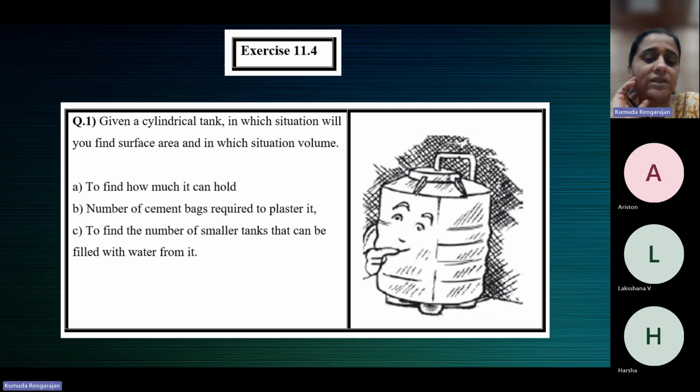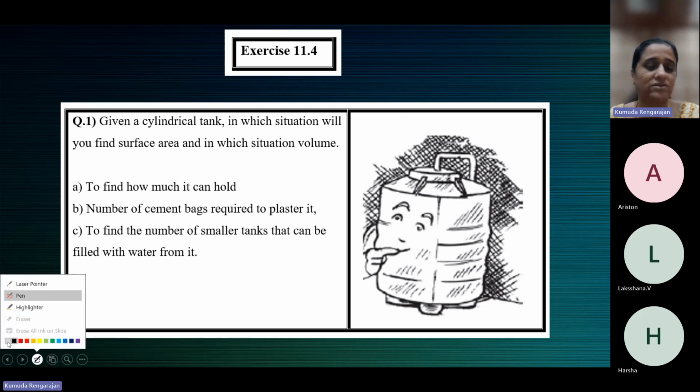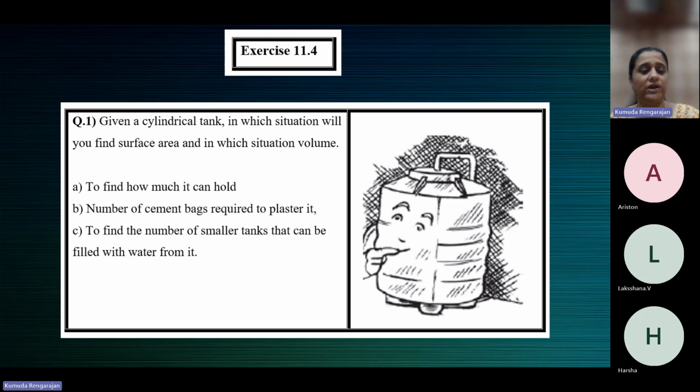Then to find the number of smaller tanks that can be filled with water from it. Volume. So you have to find the volume here because again, it's about the capacity. Filled with water, you're doing something inside.